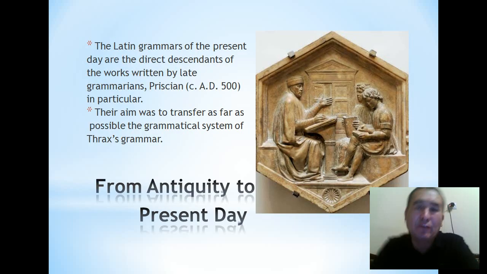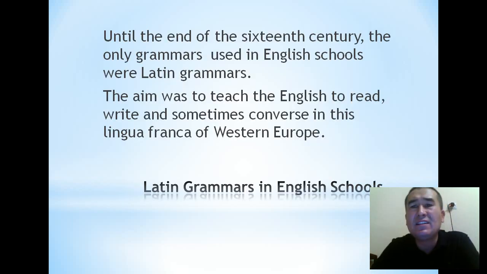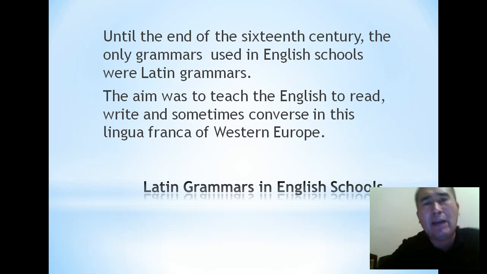The Latin grammars of present day are the direct descendants of the work written by late grammarians, Priscian in particular. Their aim was to transfer as far as possible the grammatical system of Thrax's grammar. In the Middle Ages, grammar was the study of Latin. Until the end of the 16th century, the only grammars used in English were the Latin grammars.